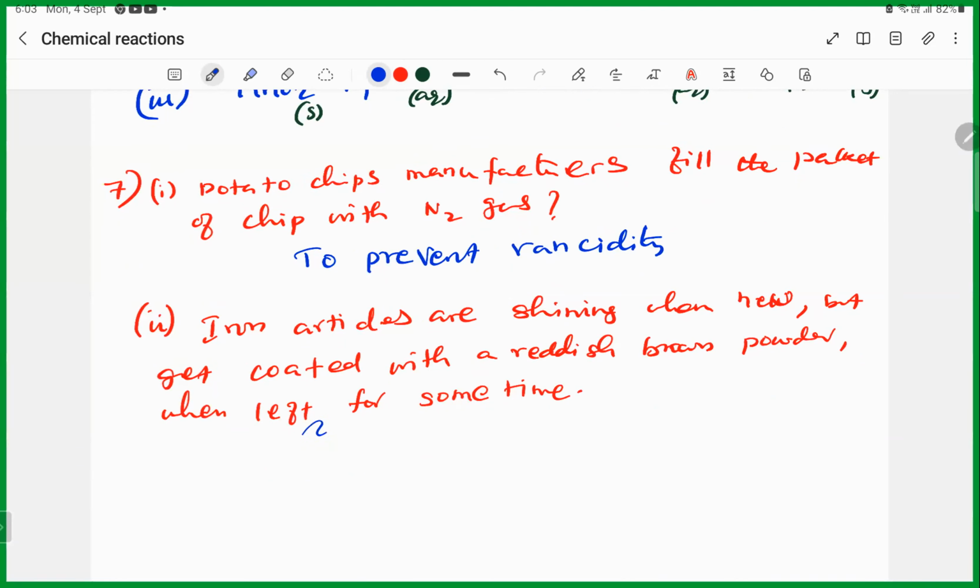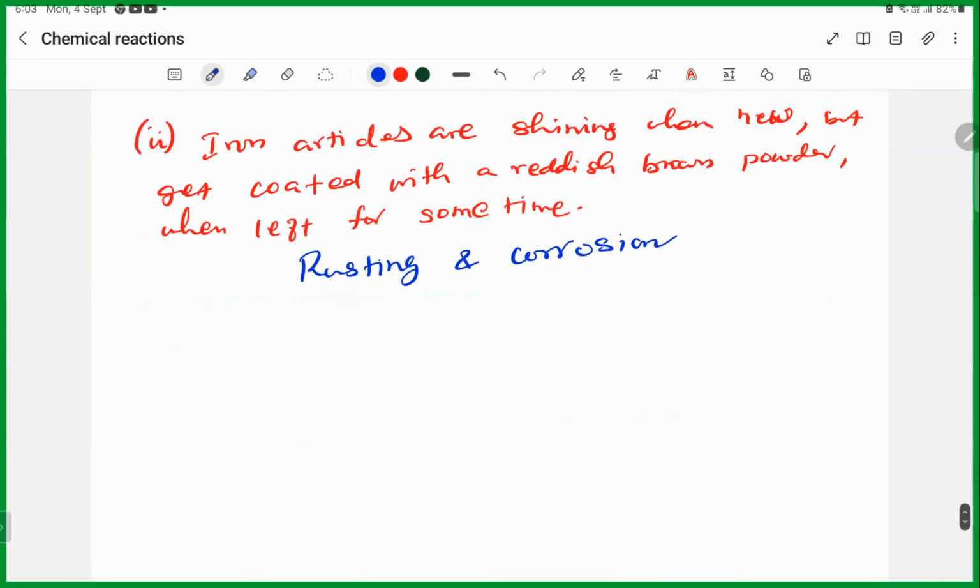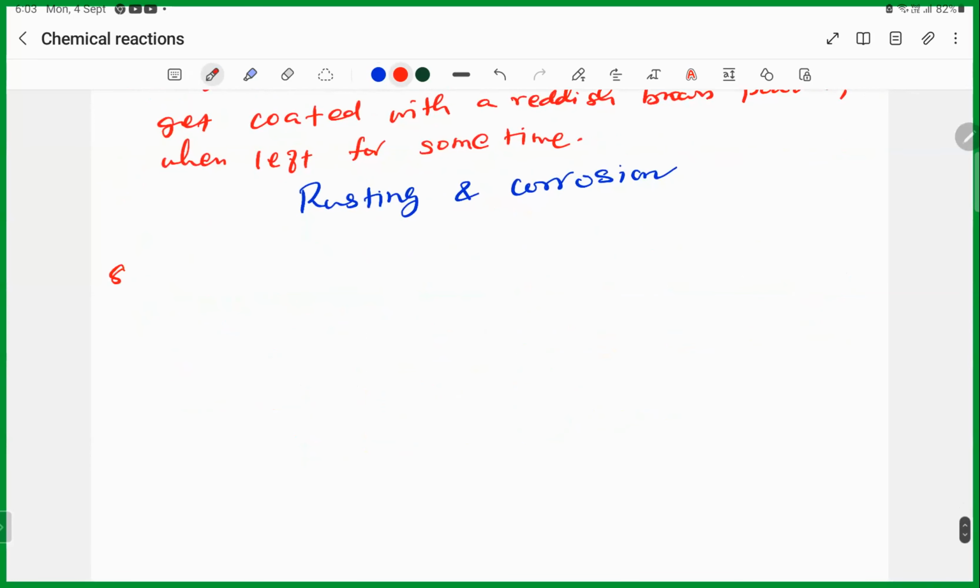Very good. So it happens due to rusting. Rusting and corrosion, that is the reason why it was brown color. Okay. And the 8th question. Good.